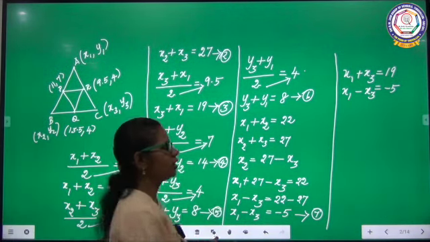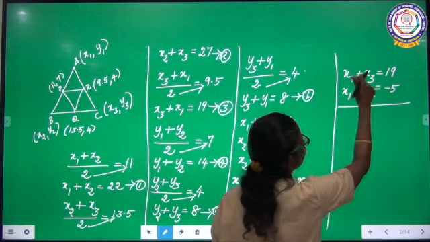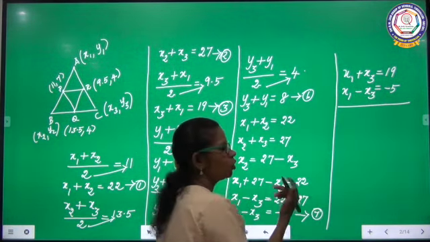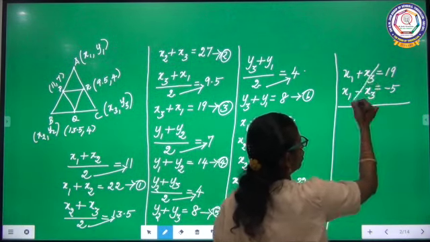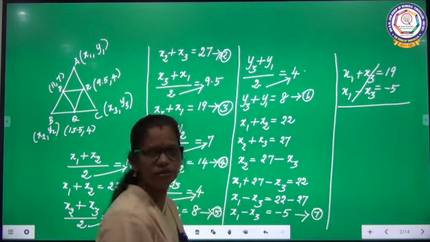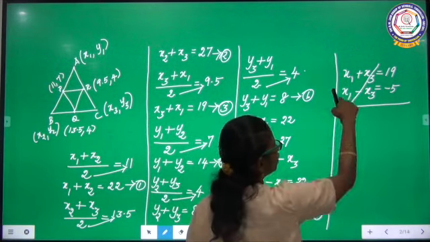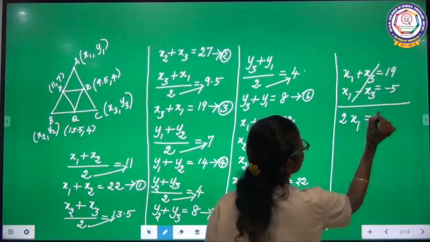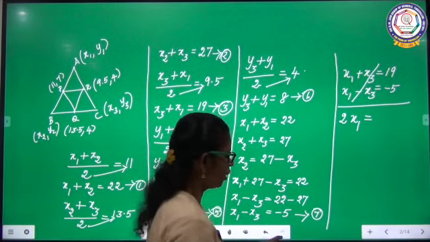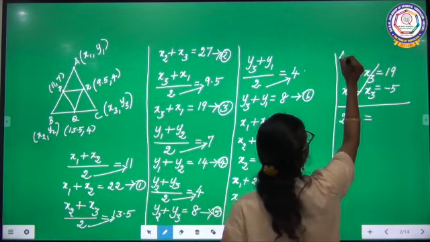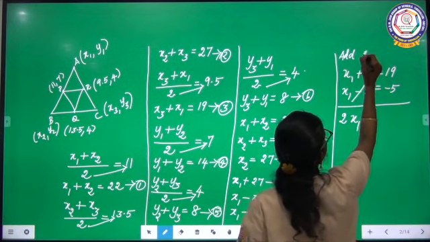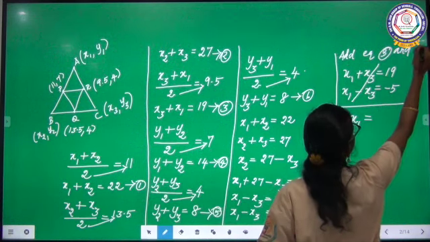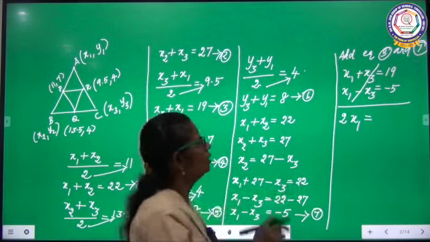I can apply easily the elimination. One is positive, one negative, the coefficients are same, so you can add the equations. When you add, x3 gives 0. So 1x1 plus 1x1, 2x1 equal to, you are adding the equations, right? If you want, you write add equation 3 and 7. You feel comfortable, I think, right?